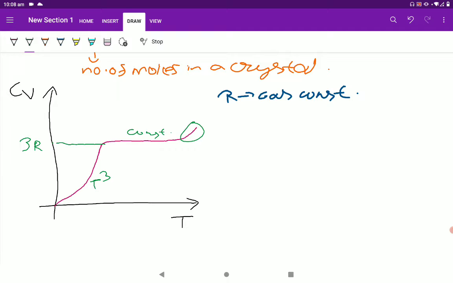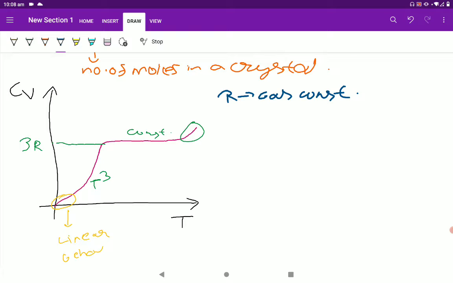And if you go to very low temperature, we have a small linear behavior like here, and suddenly you can see that the graph takes the form of T cube. Now you should think that the internal energy arises in this case due to two possibilities.